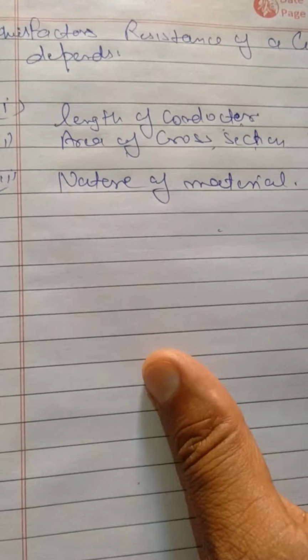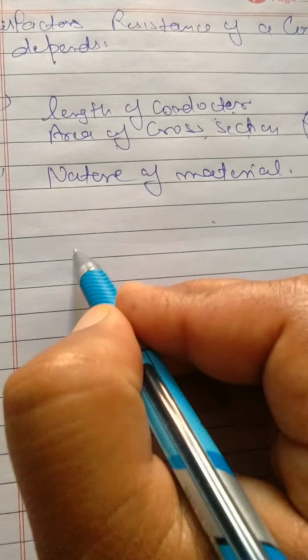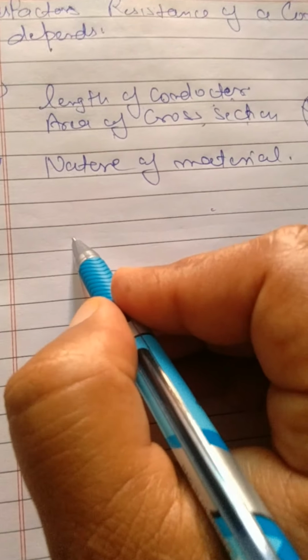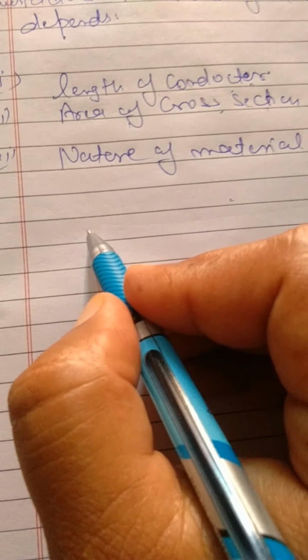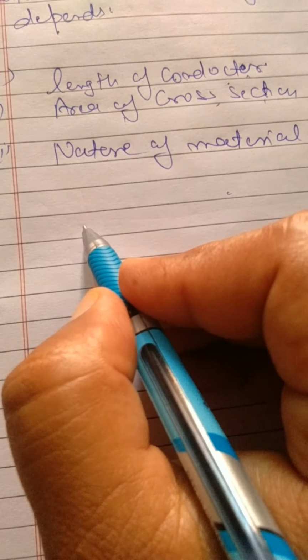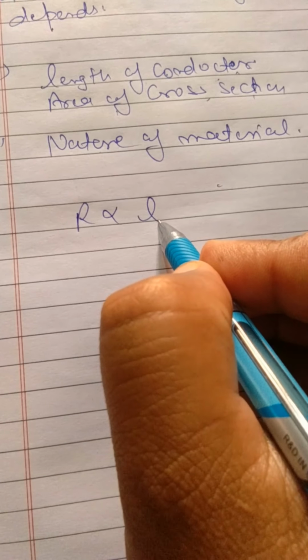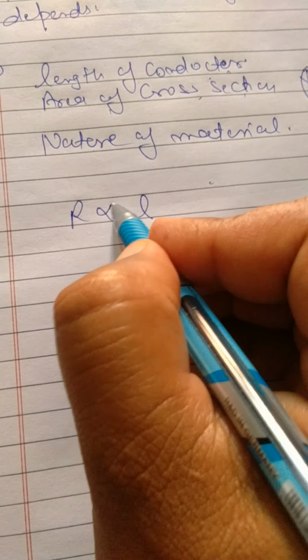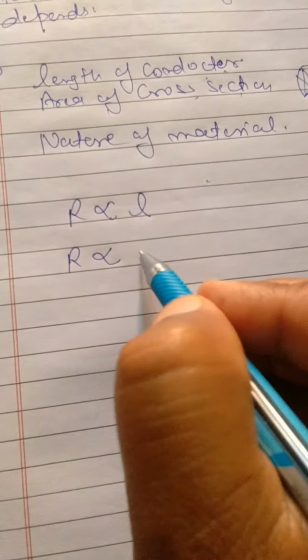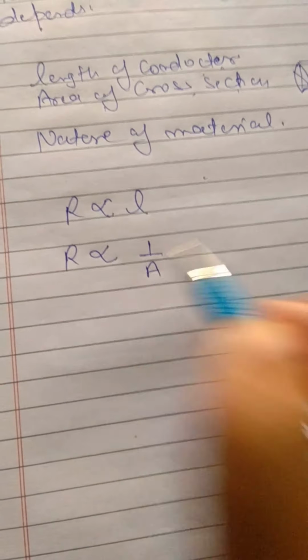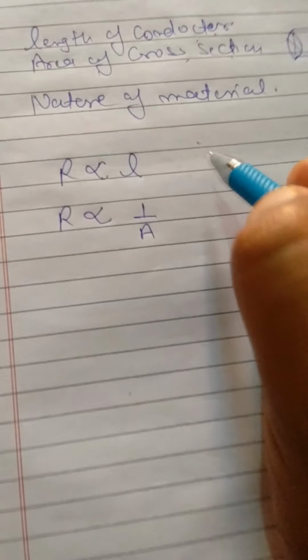From this we will find an expression. Resistance of a conductor is directly proportional to the length and inversely proportional to the area of cross section. This is your number 1. This is 2.